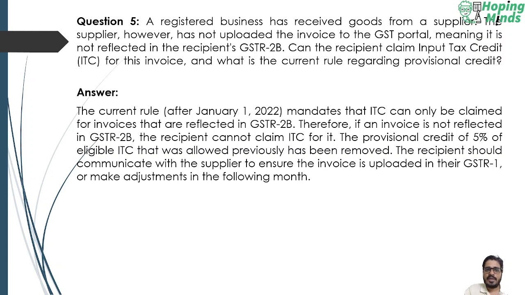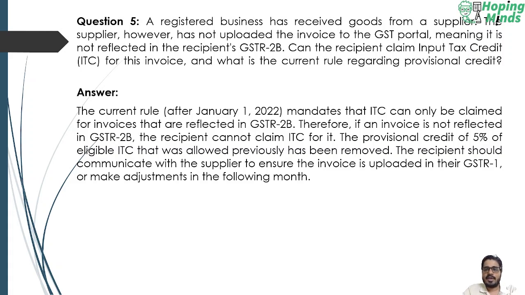So, the current rule, that is after January 1, 2022, mandates that input tax credits can only be claimed for invoices that are reflected in GSTR 2B. Therefore, if an invoice is not reflected in GSTR 2B, the recipient cannot claim the input tax credit for that invoice.